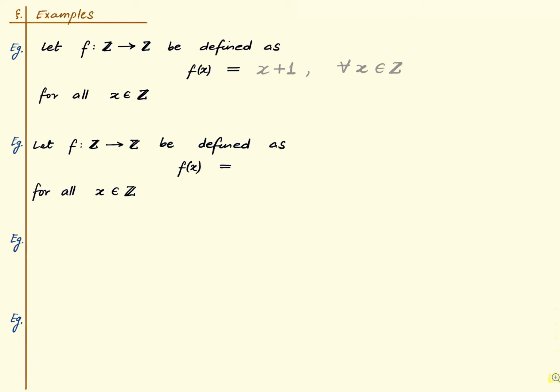It is again a function from Z to Z. So it picks an integer and gives an integer, and we define it as f of x going to x squared for all x in Z. So it is outputting the square of what you feed it. Okay?